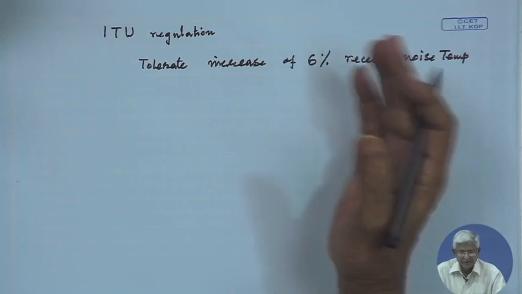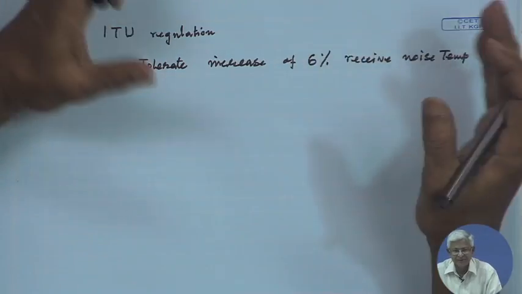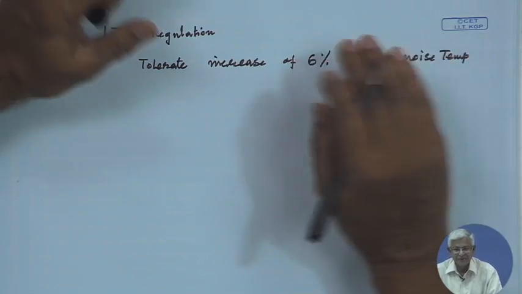That is the tolerance. You have to live in a society, so you have to tolerate some people. There should be some toleration limit, and this is the limit given by ITU. So the single entry limit of interference should be tolerated up to 6%. Everybody has to agree on that, because they are sharing.